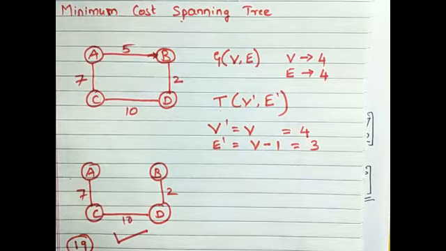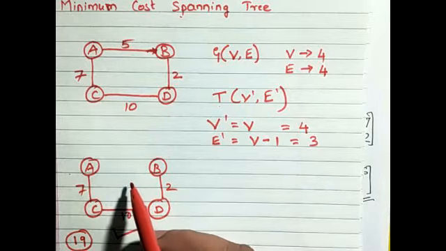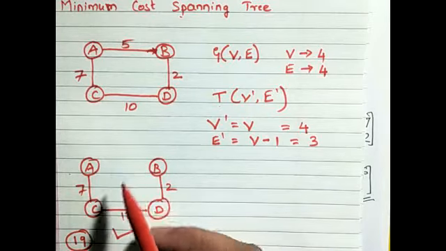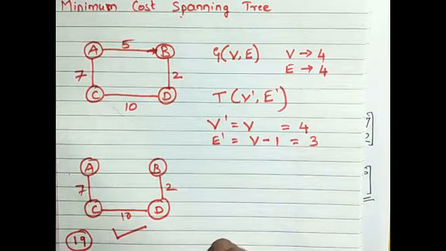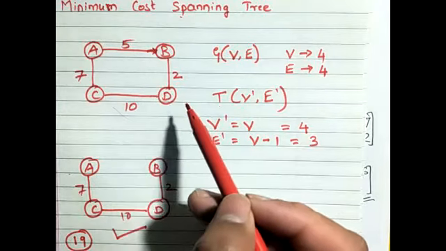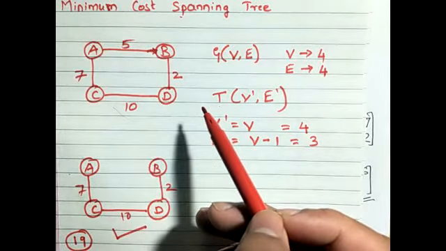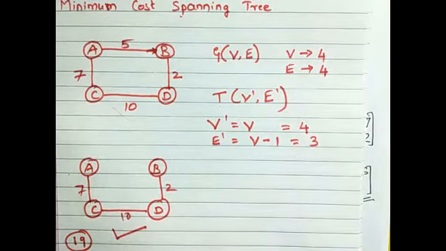If you observe, this is one among the many spanning trees that we can derive from a given graph. That means if there is a graph, we can derive multiple spanning trees, and this is one among them.